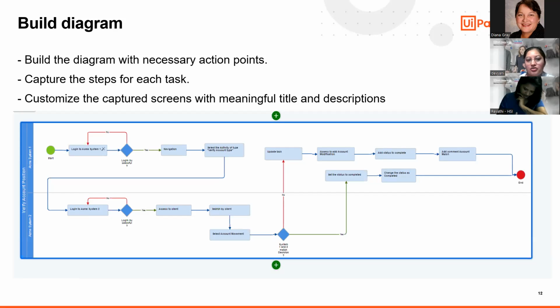Then we start capturing the steps for each task one by one. And also, please don't forget to customize the captured sequence in a meaningful way by adding the title, descriptions, branding, and so on. Also, we can make our workflow more attractive by giving it the styling that is available.